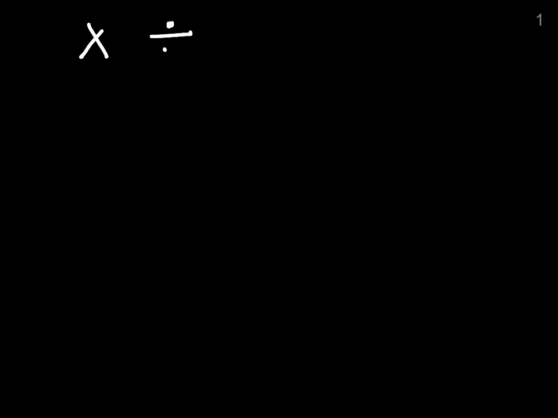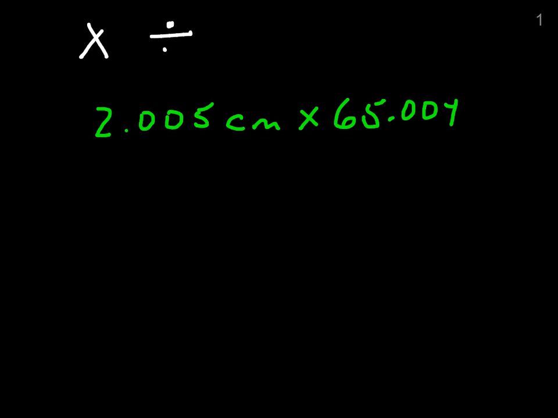Okay? So let's just say I'm going to multiply 2.005 centimeters times 65.0040 centimeters. Okay. Now, for one thing, these are probably very expensive numbers because they both have a lot of significant figures.